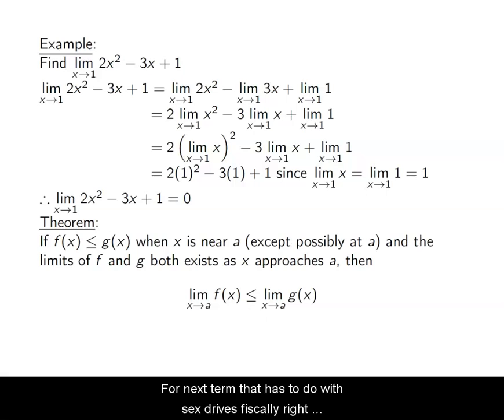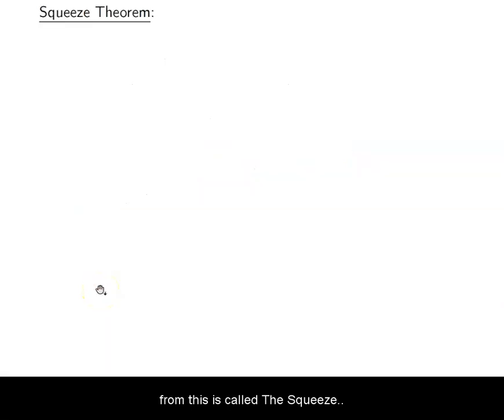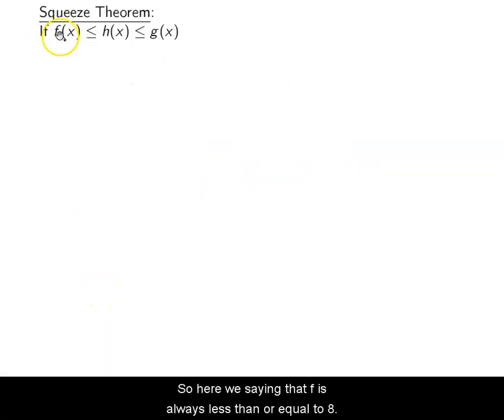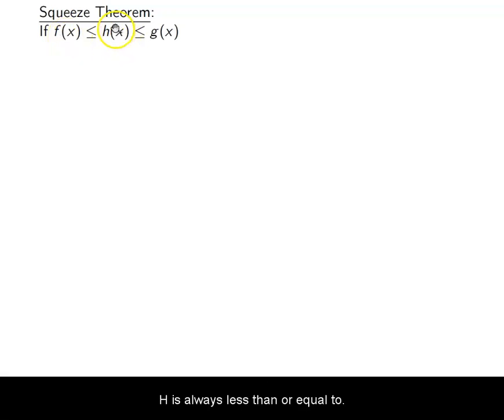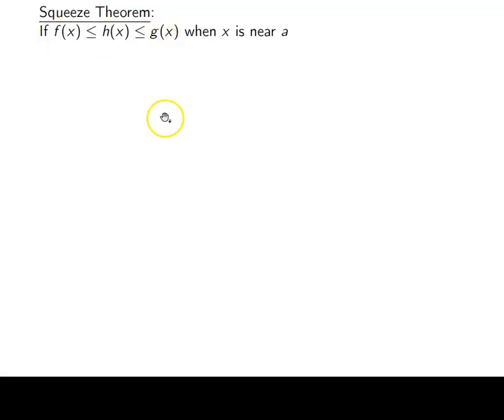Okay, so our next theorem that is derived basically right from this is called the Squeeze Theorem, right? So here we're saying that f is always less than or equal to h, and h is always less than or equal to g, right? So h is always in between f and g, or possibly equal to them. There could be points where all three of them are equal. Okay.